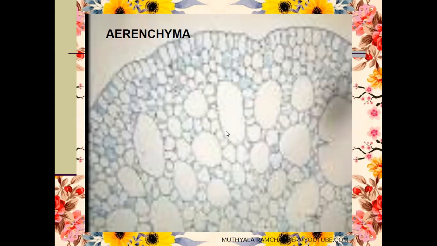These types of parenchyma tissues are called aerenchyma. Aer means air-filled parenchyma cells. The function of aerenchyma is the free floating of hydrophytes on the water surface. Generally, we observe these types of parenchyma tissues in hydrophytic plants.